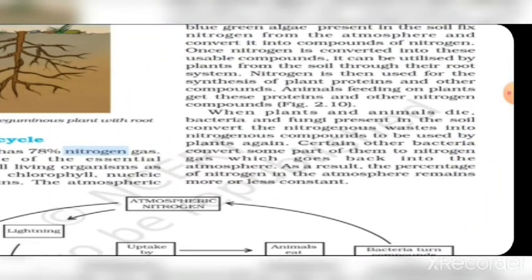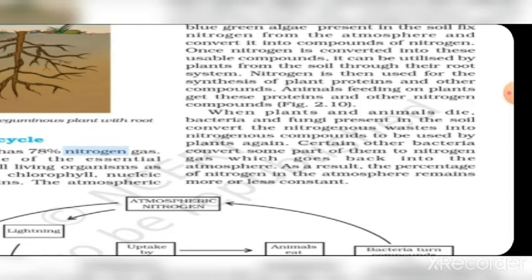When plants and animals die, bacteria and fungi present in the soil convert the nitrogenous waste into nitrogenous compounds to be used by the plant again.